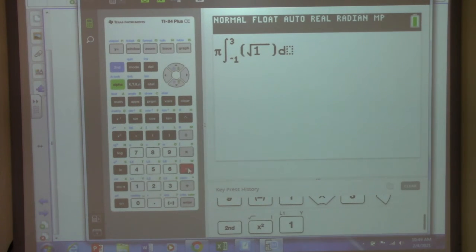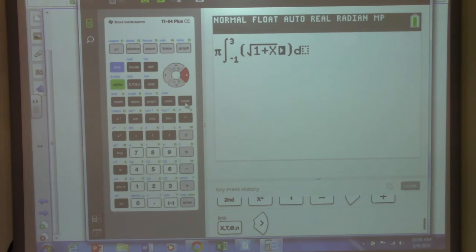1 minus x. Or it's 1 plus x, isn't it? Is it 1 plus x or 1 minus x? 1 plus x. And we're going to square that.